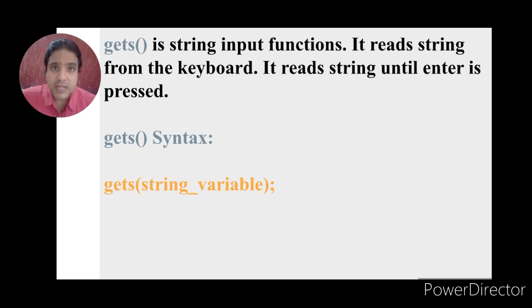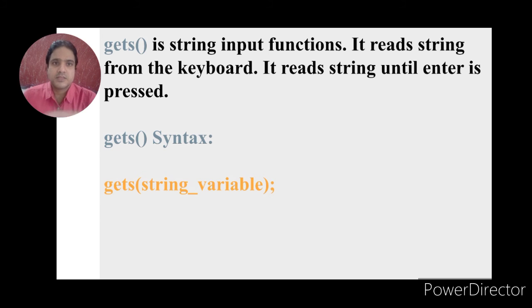Now gets means get a string. If the user wants to give the information in the form of a string until the enter key is pressed, they may use the gets function without the format specifier. As in printf we use %s, but in the case of gets, there is no need of a format specifier. We simply write gets in brackets, and write the string name or string variable.